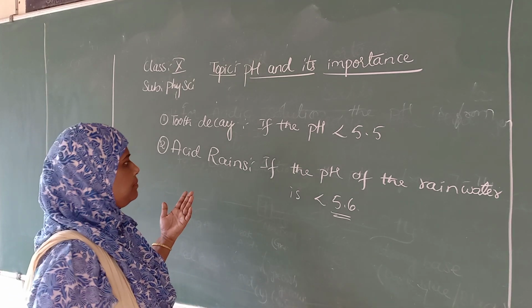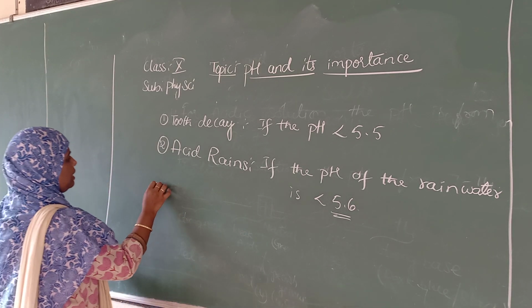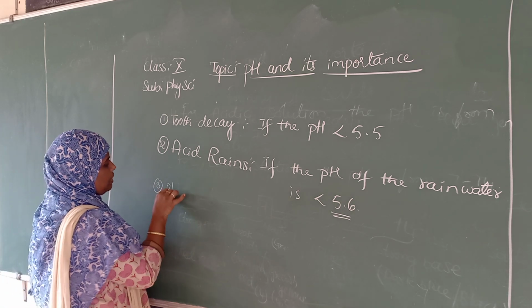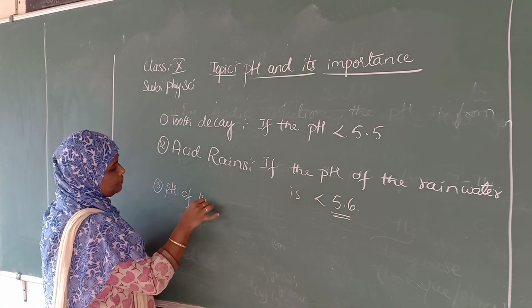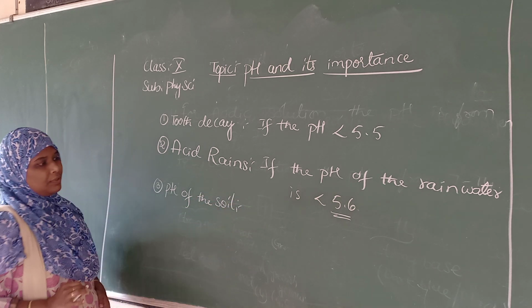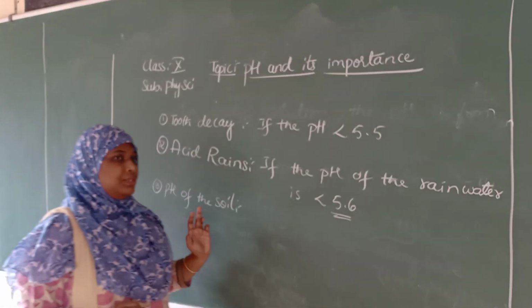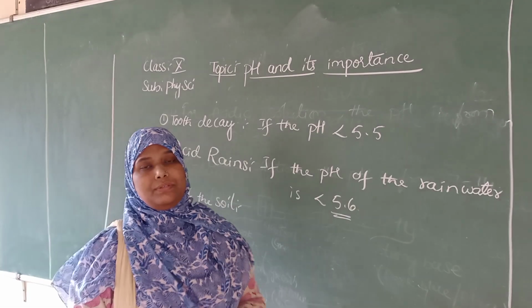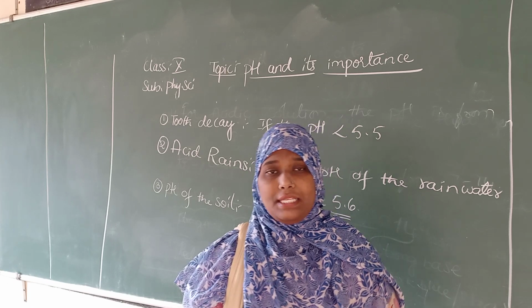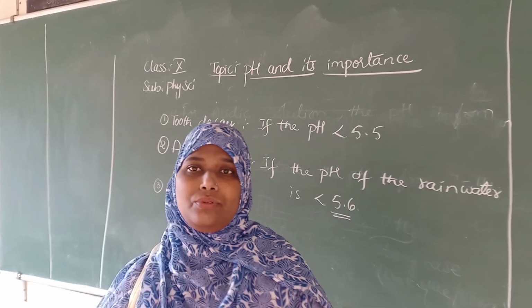Apart from that, another important use of pH is the pH of the soil. Soil is our life because from the soil we obtain so many things, as well as the growth of the plants.